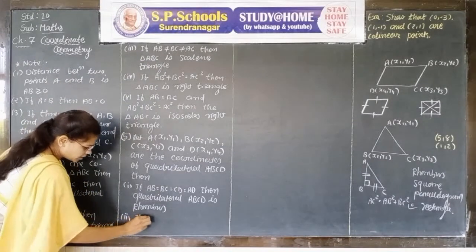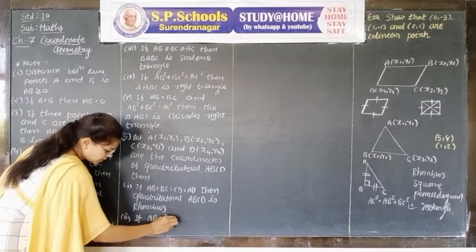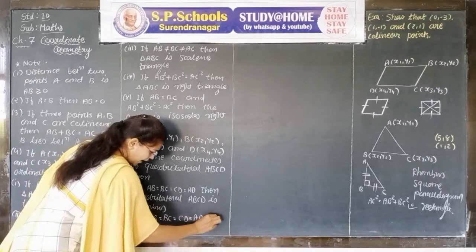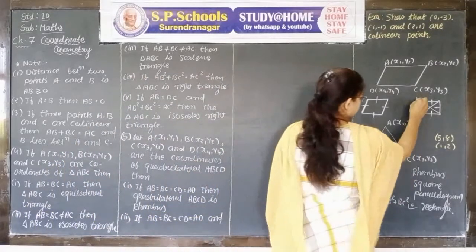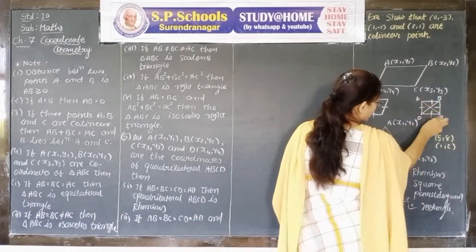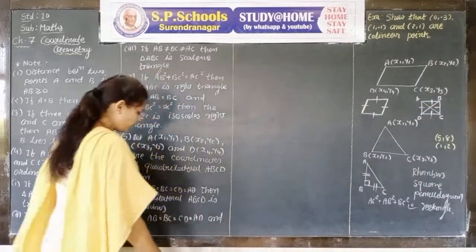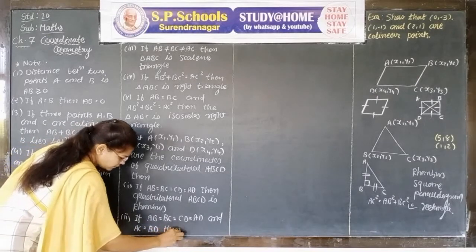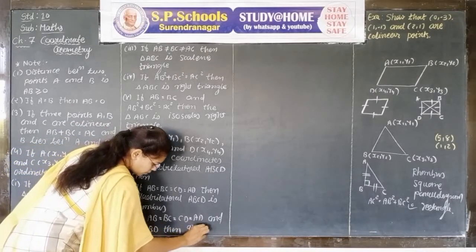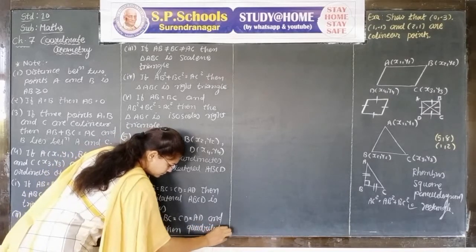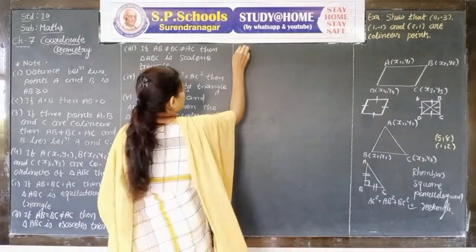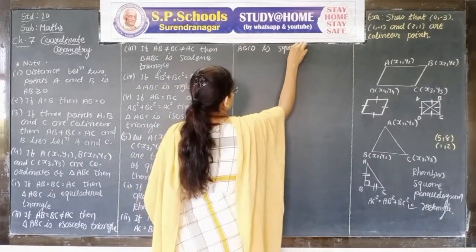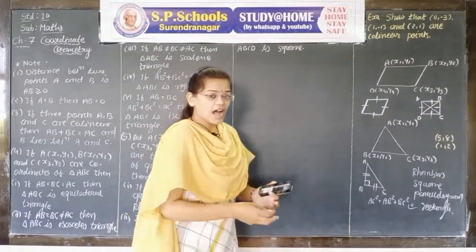Write like this: if 4 sides AB is equal to BC is equal to CD is equal to AD, and the two diagonals AC and BD are equal, AC is equal to BD, then quadrilateral ABCD is a square, meaning the given vertices are of a square.